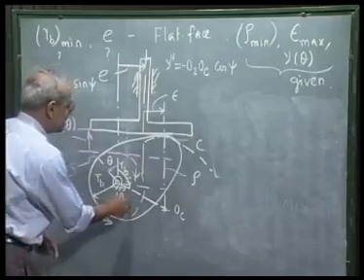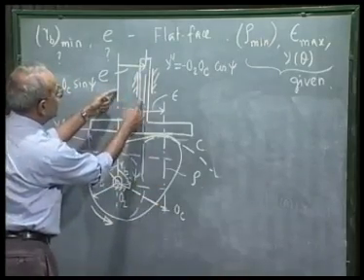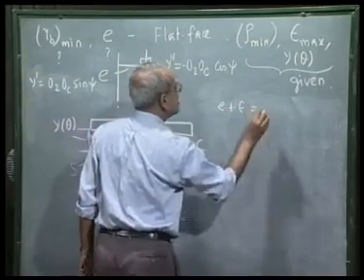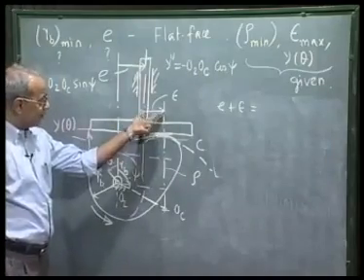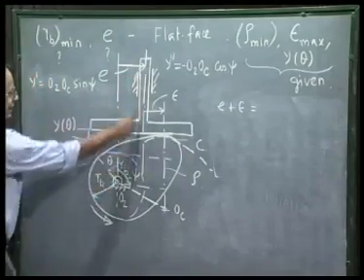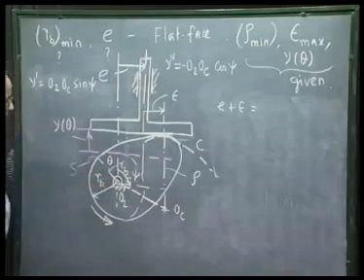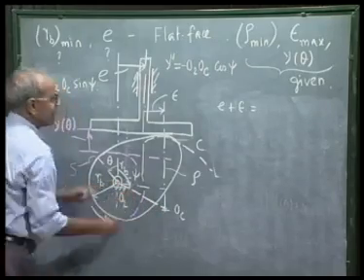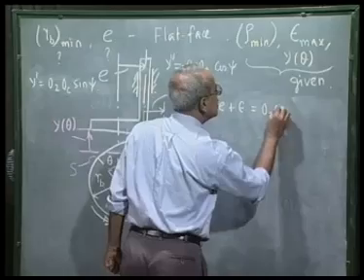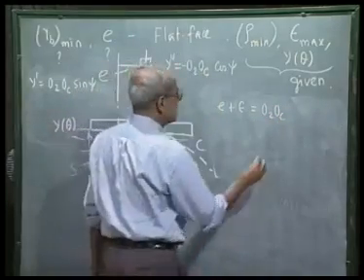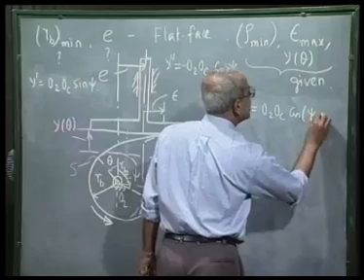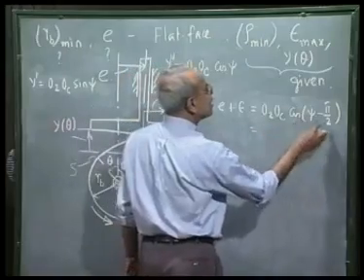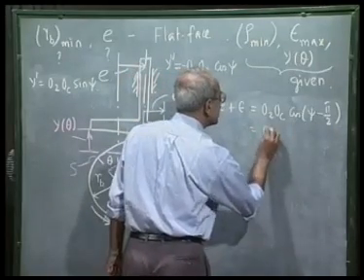And let us calculate this horizontal distance, which is E plus epsilon. What is E plus epsilon? Where epsilon is the eccentricity of the driving effort, E is the offset of the distance of the follower axis from the camshaft. That is O2 OC cosine of this angle, which is cosine of psi minus pi by 2, which is same as cosine of pi by 2 minus psi, which is same as sin psi.